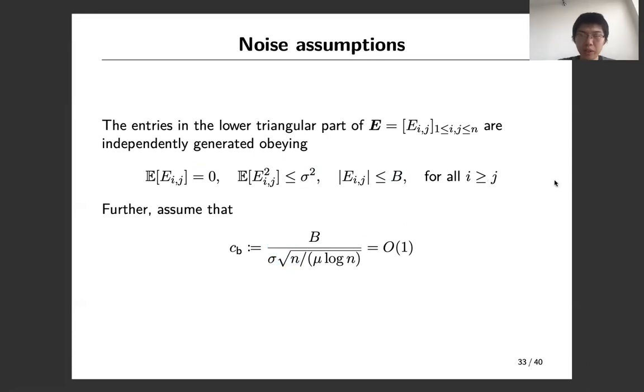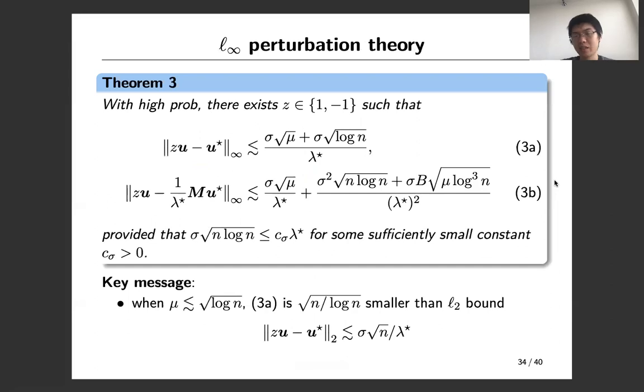Okay. With this set of notations and assumptions in place, we are now ready to state the general L infinity perturbation theory. With high probability, there exists a number z that's either 1 or minus 1, such that the element-wise difference between zu and u star is smaller than the right-hand side shown here.